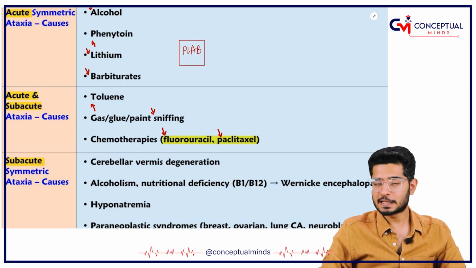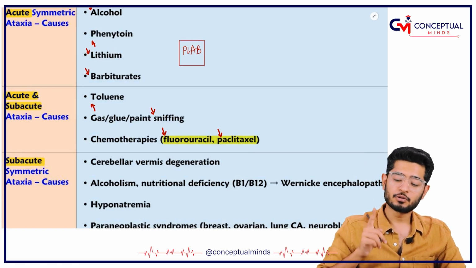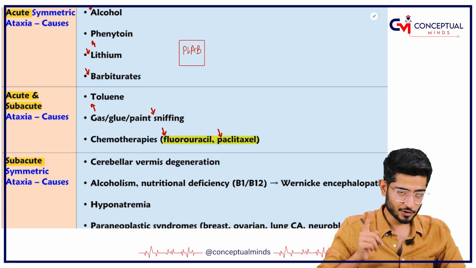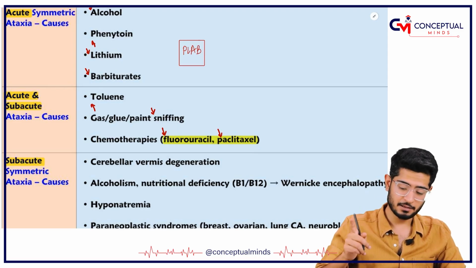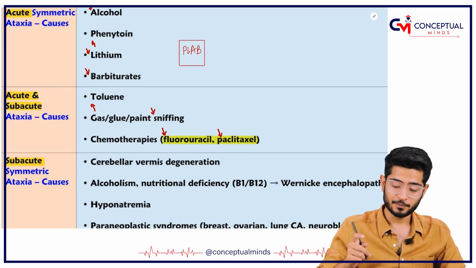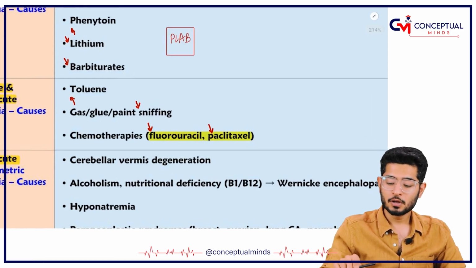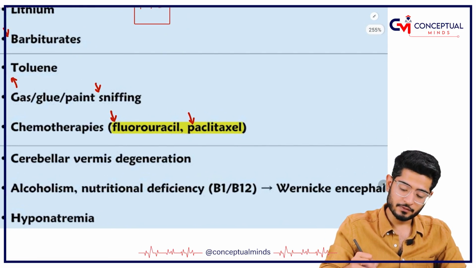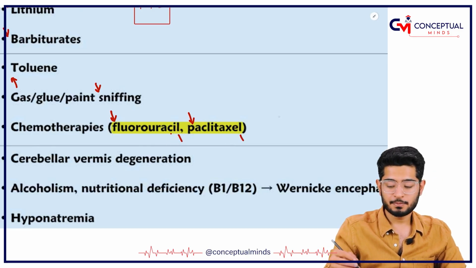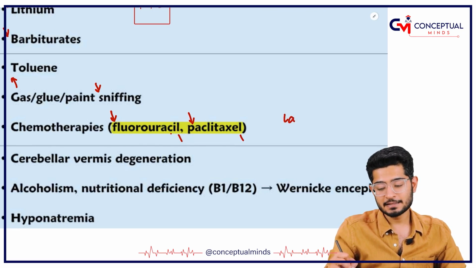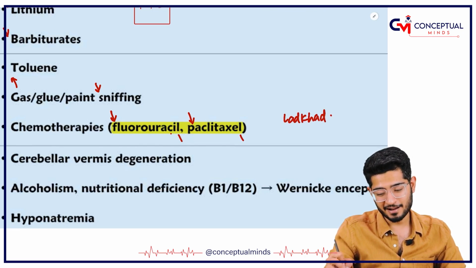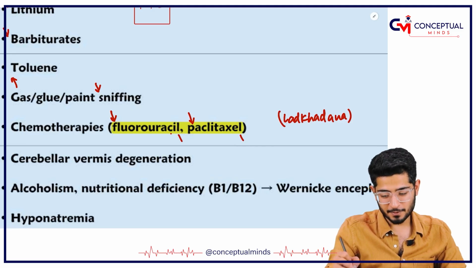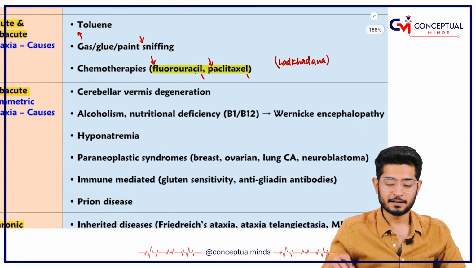Please remember, these are the chemotherapeutic agents responsible for causing ataxia. Please don't forget them. And in fact, you can remember that they are going to have words like CIL, XEL. So LL is actually coming in the last part, and in Hindi disbalance is something which is called as ladkhadana. Okay, so this is how you can remember, like 5-fluorouracil and paclitaxel.